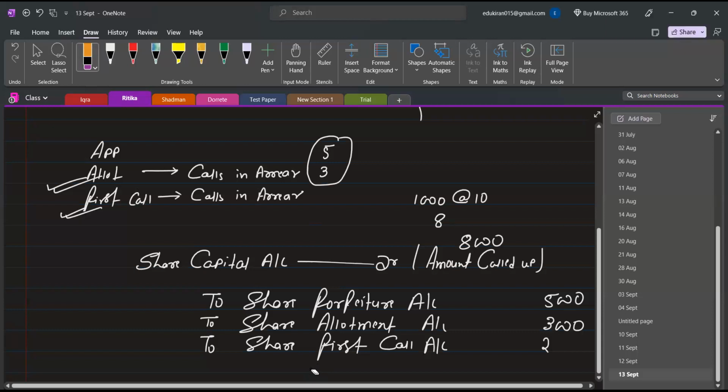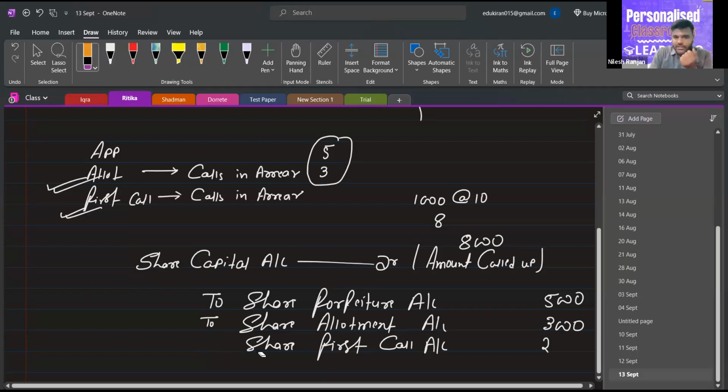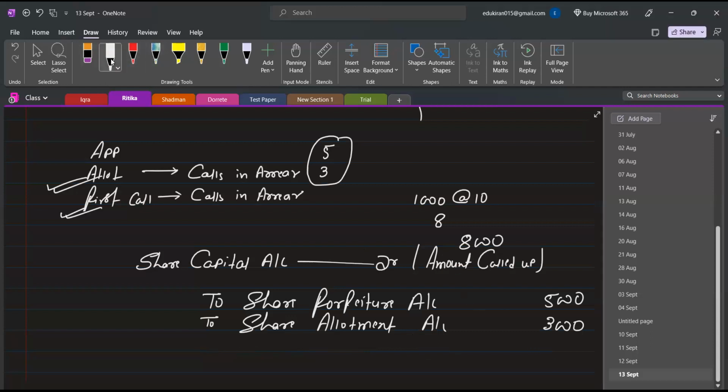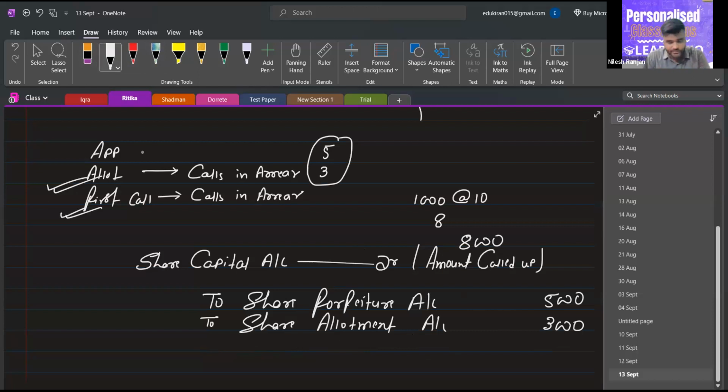Sir, we didn't call for the third installment. Yes, we didn't make a call for this. That's why it will not be written in this, because this amount is not included here also. Yes, sir. So this is your share for feature journal entry. Is this clear? Yes, sir.